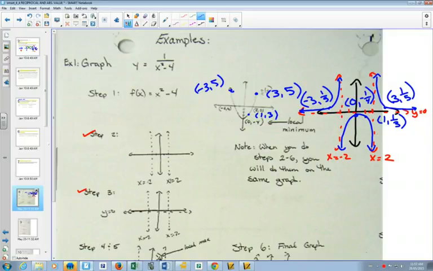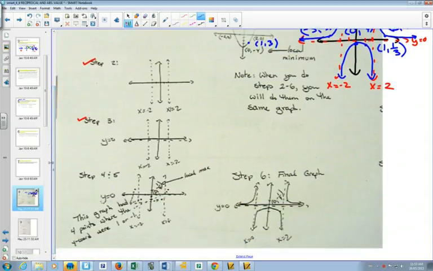In my steps that I have here, I estimated where they would be, but that's not necessary. You can just use some nice points from your table of values. And if 1 and negative 1 don't show up nicely, then don't worry about it. If you are ever graphing the same ones on the same graph, it would be important to show that your graphs intersect at those points where it's not going to change. So wherever the y value is 1, that should be on both graphs.